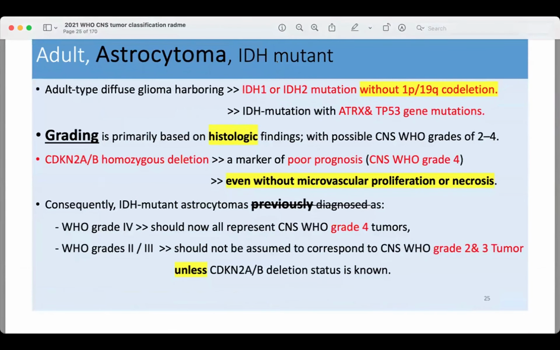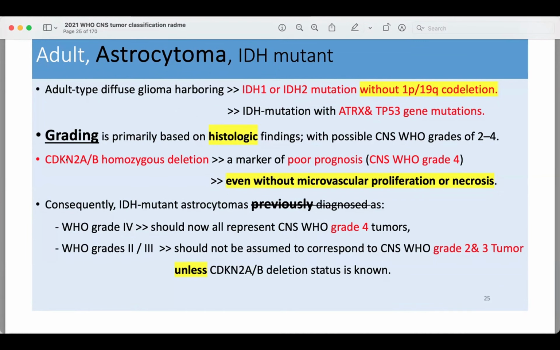This type of mutation is IDH mutant without the co-deletion of these genes, because if there is co-deletion of these genes, automatically it will be oligodendroglioma, not astrocytoma. The grading is primarily based on the histology.